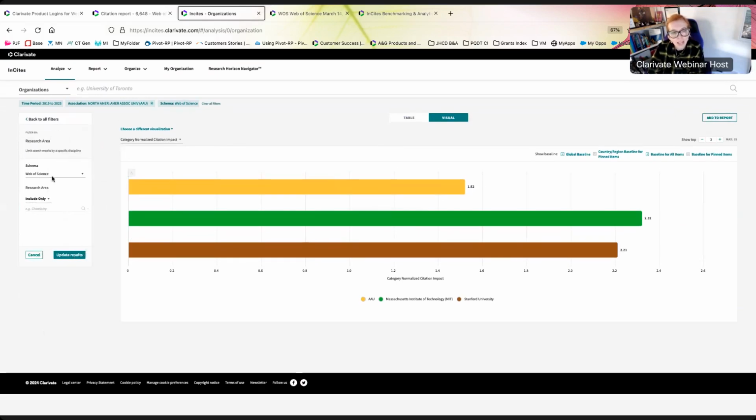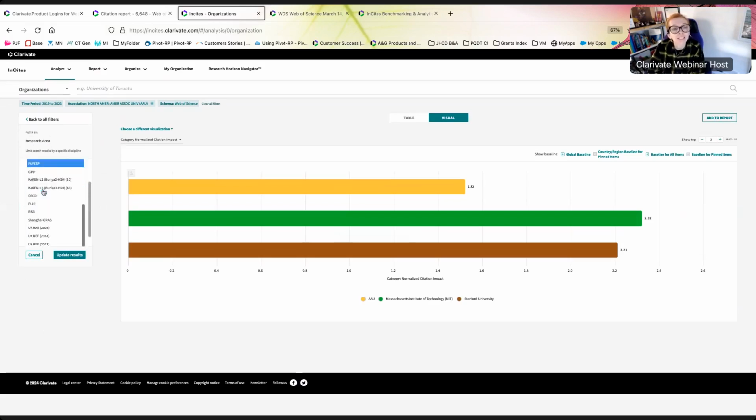You can then say, okay, but I'm interested in engineering, if it's MIT, or I'm interested in something else. So you can select the Web of Science categories, or depending on where you are around the world, we also provide different schemas that directly match government rankings. In the UK, for example, there is a specific schema that people tend to use for reporting.